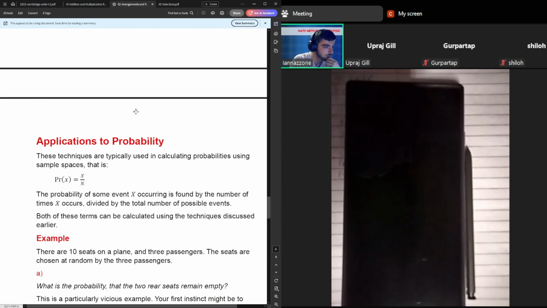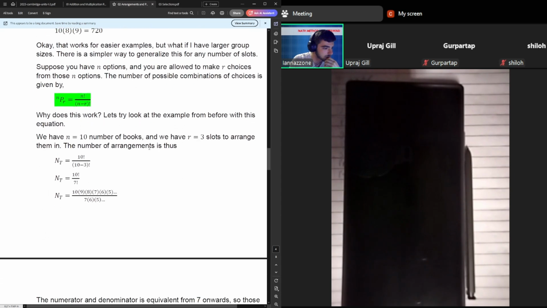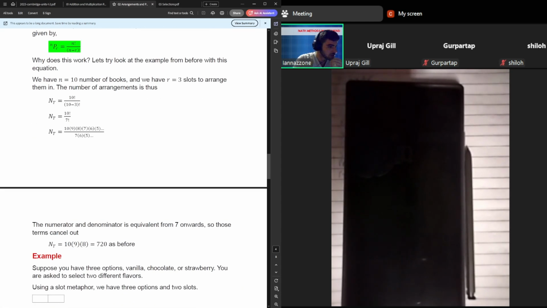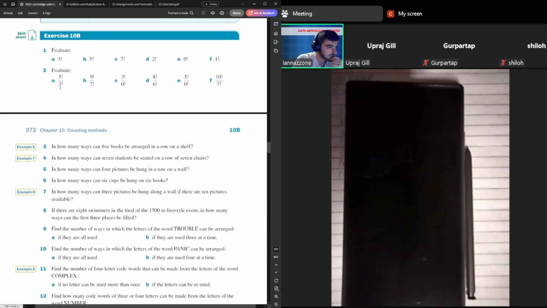Now to help you with that, I'll show you an example. I'll put this in as a screenshot so you can see how factorials simplify, and try apply that to question 2a.